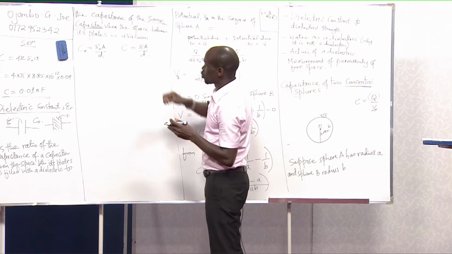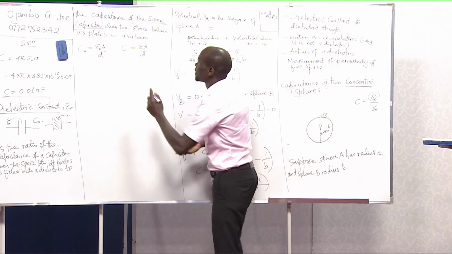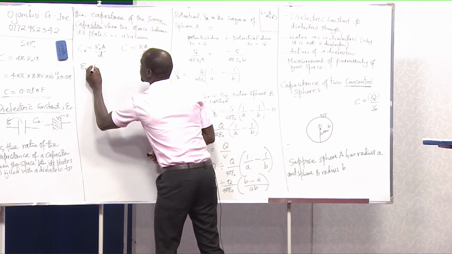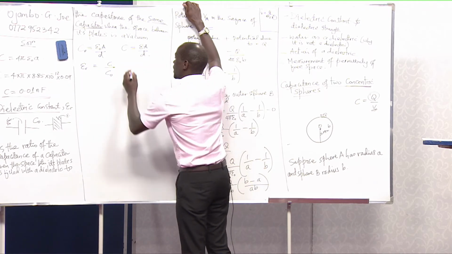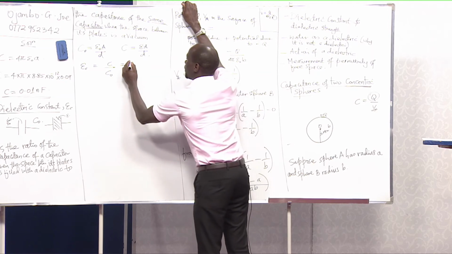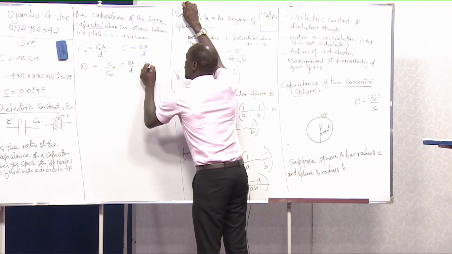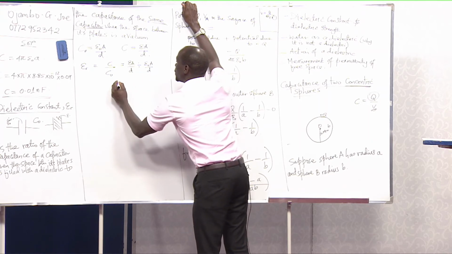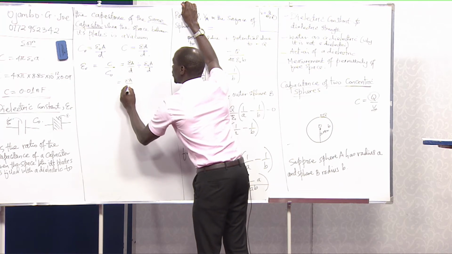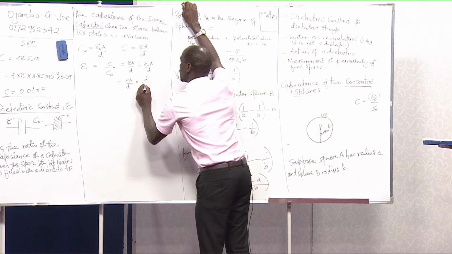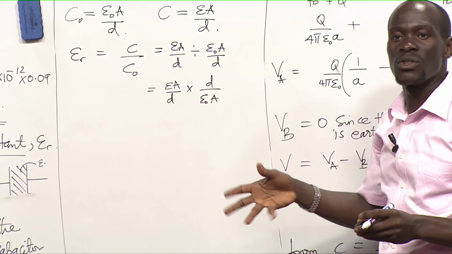So when you divide these two from our definition, ratio means division, isn't it so? Yes. So that means we shall have epsilon R is equal to C over C naught. When you substitute further, you'll have epsilon A over D divided by epsilon naught A over D, which means this is going to become epsilon A over D times D over epsilon naught A. Remember, it is the same capacitor, which means the dimensions are the same.